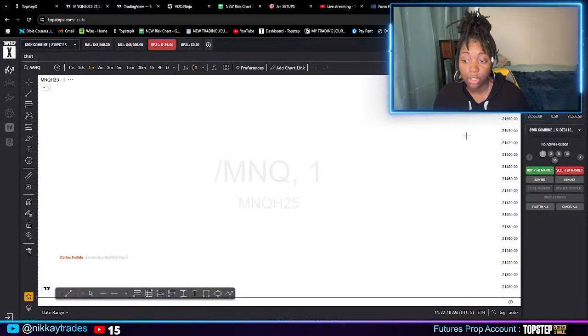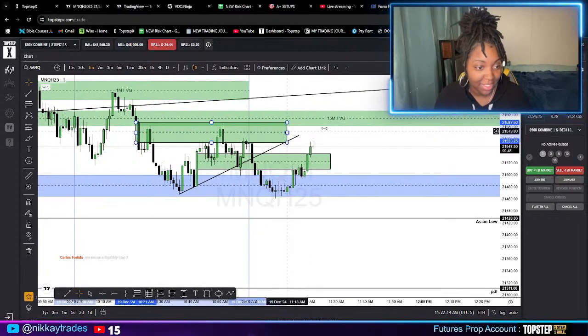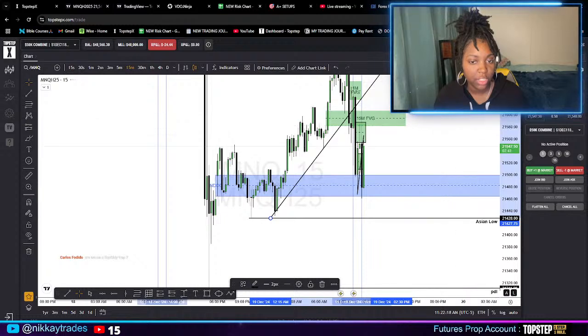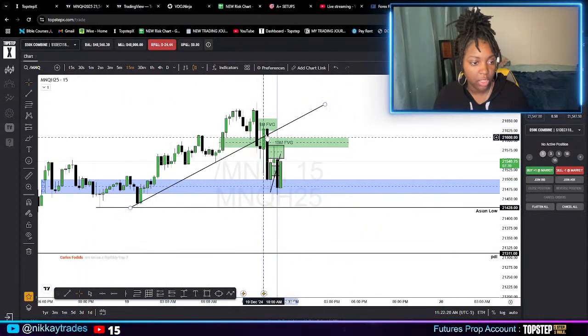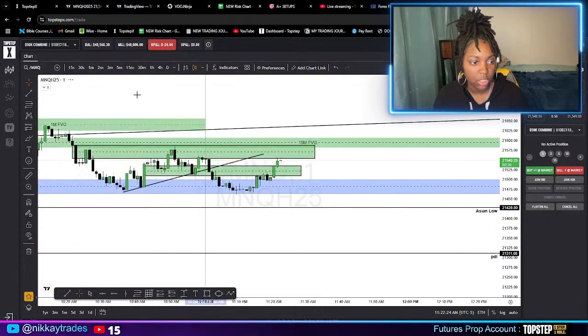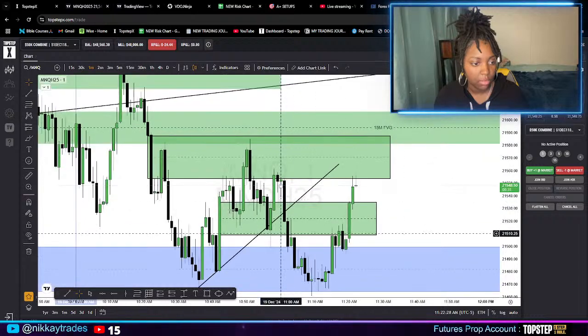We in something, Carlos, that's for sure. We in something. It originated from this quick wedge setup. But I wanted it to take out this Asian low and it just kept coming back and forth.